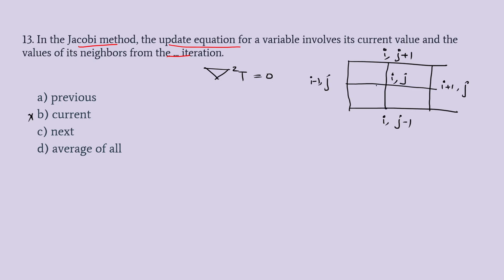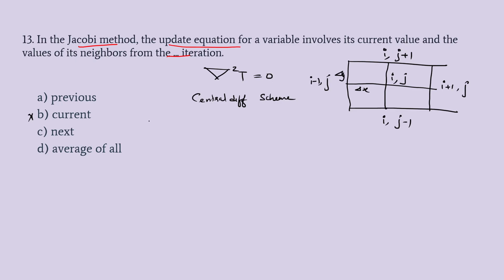So when we discretize this equation for temperature, I am using the central differencing scheme in x and y direction. Let's take delta x and delta y as the distance between nodes.